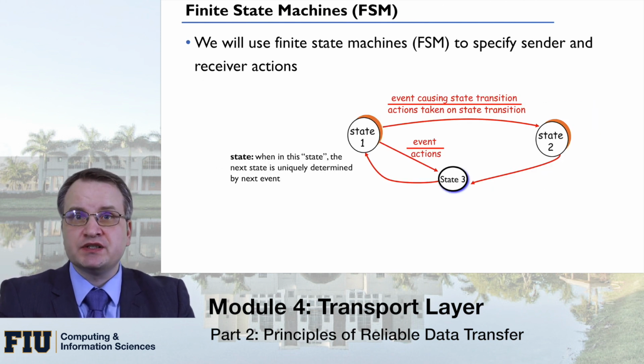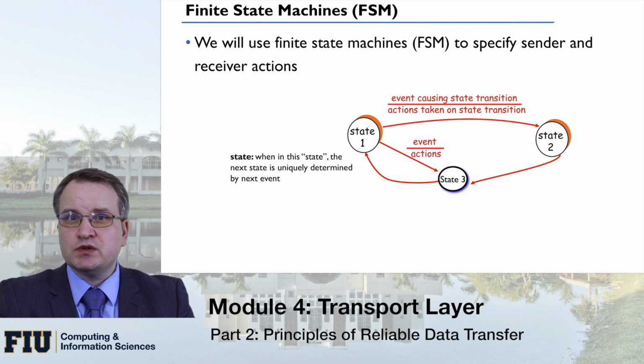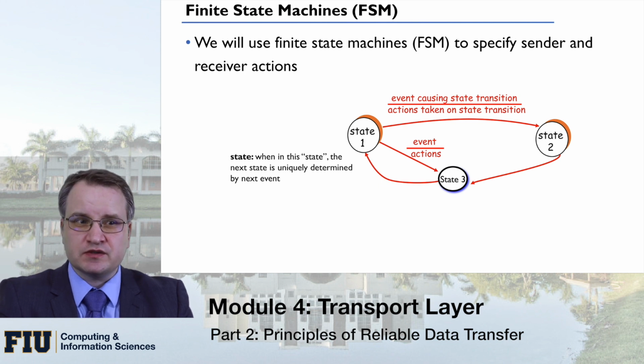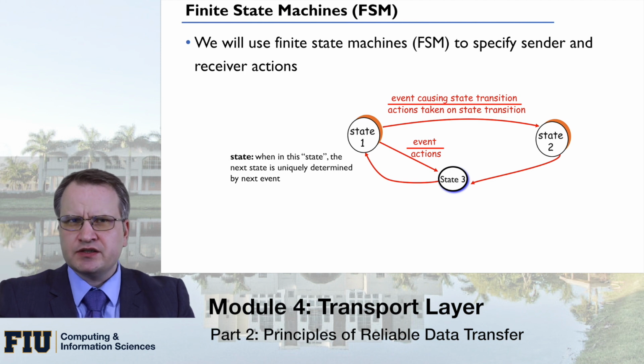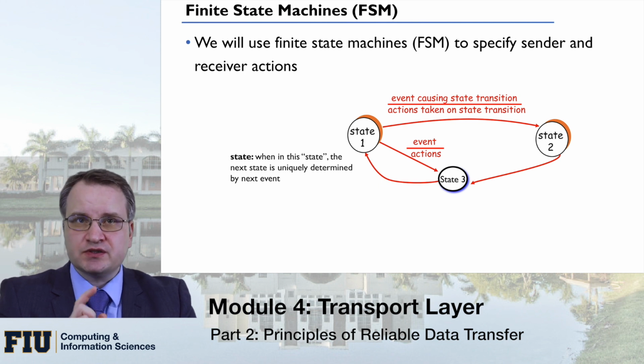Another part that we're going to use as part of the lecture is a finite state machine to represent different states and the transitions between the states. Some of the states will be the initial one, effectively the state after you start the communication. We also assume that the connection is already established, with a few assumptions about what exactly that means: at least the sender and the receiver know about each other, but there is one more thing that I will highlight in a few seconds.